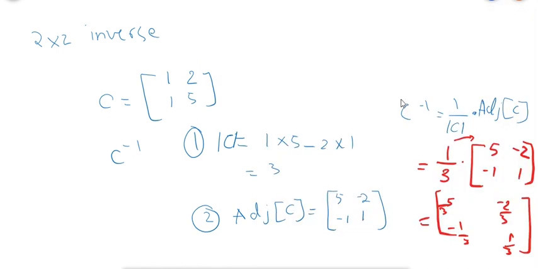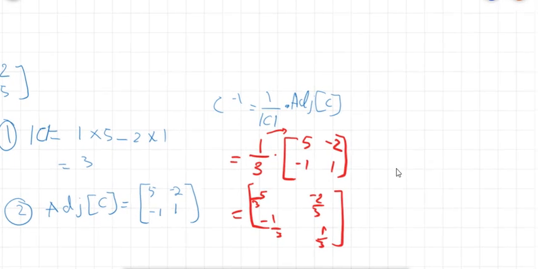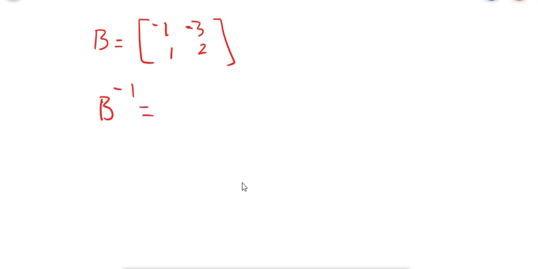Now if you have another question for finding the inverse of a matrix, for example, if B is equal to [minus 1, 3; minus 1, 2], and we want to find B inverse, first we have to find the determinant.